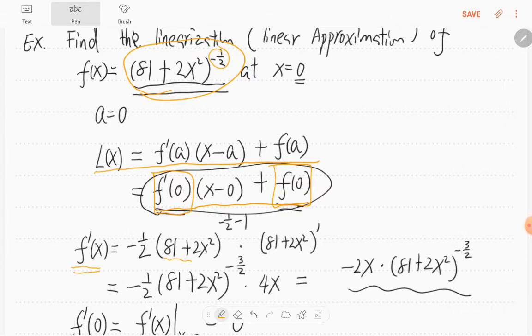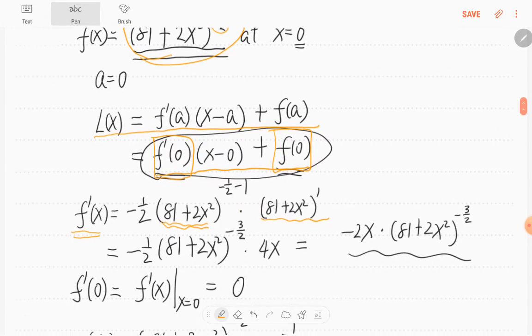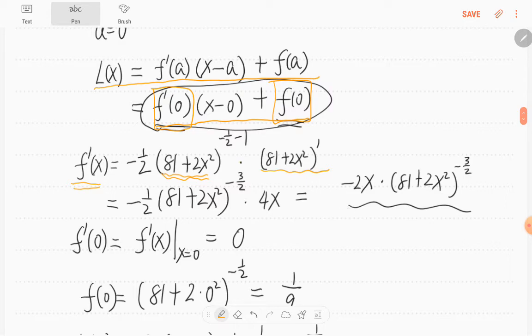But in the parentheses, it should still be the inside function, 81 plus 2x squared. In the chain rule, we also need to multiply by the derivative of the inside function. So we do the calculation, and at last you will get this one.